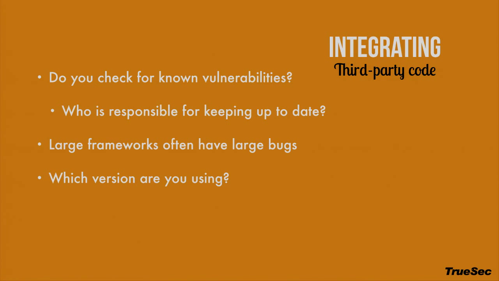And one really important question is, which version are you using of your third-party libraries? Do you just git clone something and be happy with whatever you got? You got the master branch, seems to work, that's fine. If you do that, all your developers will eventually end up with different versions. That can make for some really difficult to find bugs.